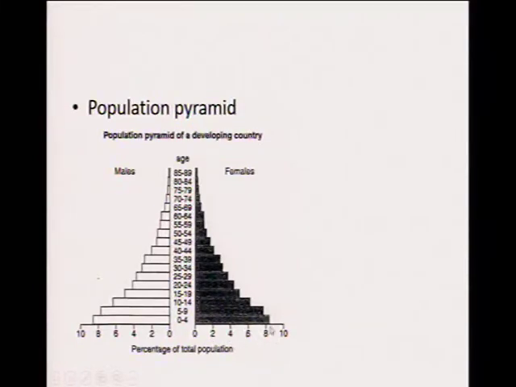But still, you can say that there is maybe 8 to 9% of the population for female in this base, in this age category, which is 0 to 4. So this is indicative of higher birth rates. Yes, that's correct.